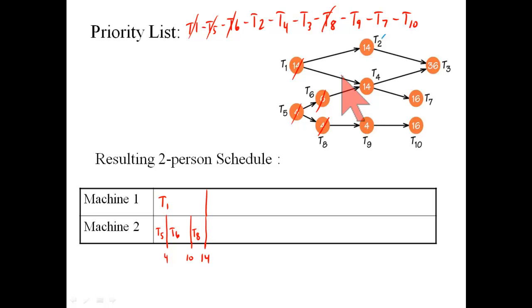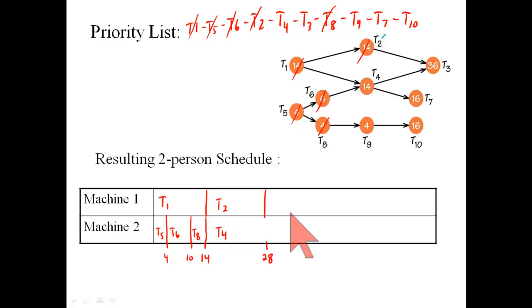Okay, at time 14, then task 2 is next highest priority and it's now ready to be done. That's a 14-minute job. And machine 2 gets task 4, which is now ready to be done.